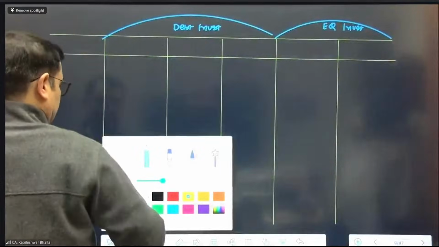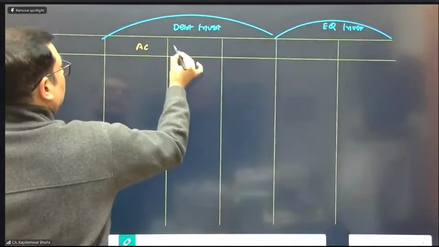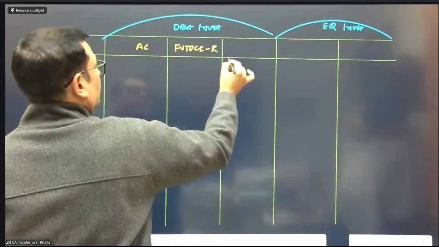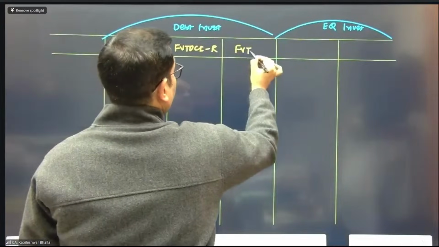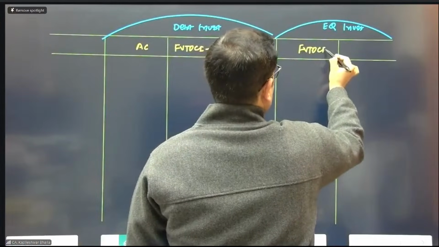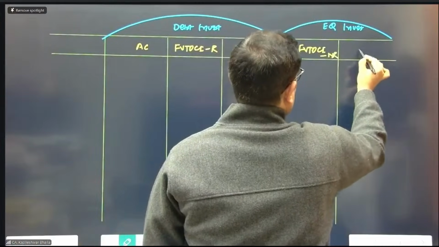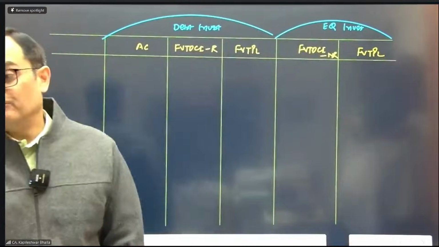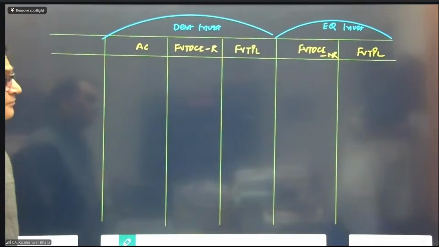This is AC, FVTOCI, there is R, FVTPL, FVTOCI, there is NR, and it is FVTPL. Let's add some more inputs at this stage.